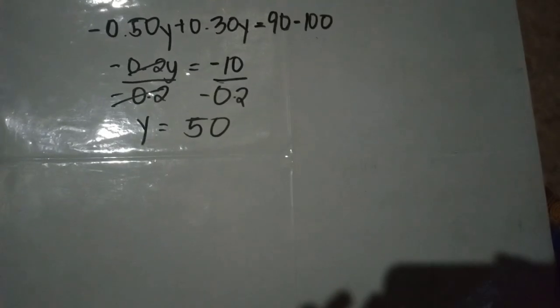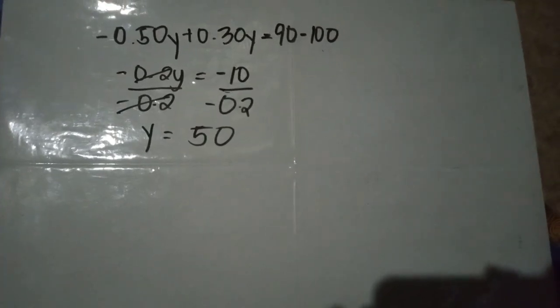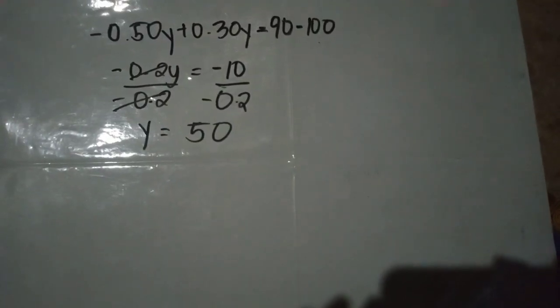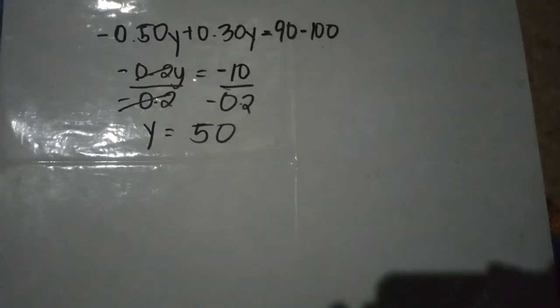So this is the continuation. Negative 0.50y plus 0.30y equals 90 minus 100. Negative 0.50y plus 0.30y is equal to negative 0.2y equals negative 10. Divide both sides by negative 0.2. y equals 50.